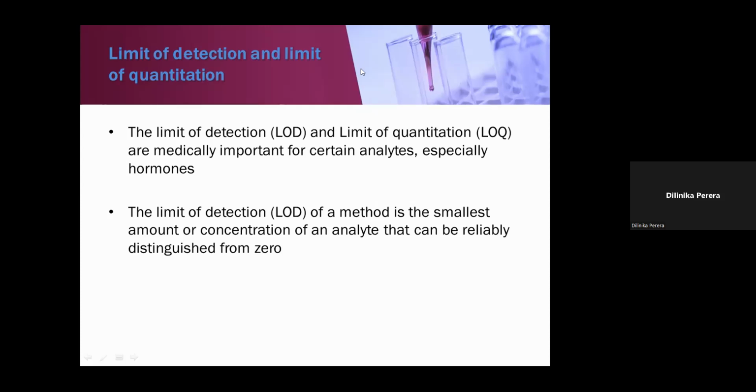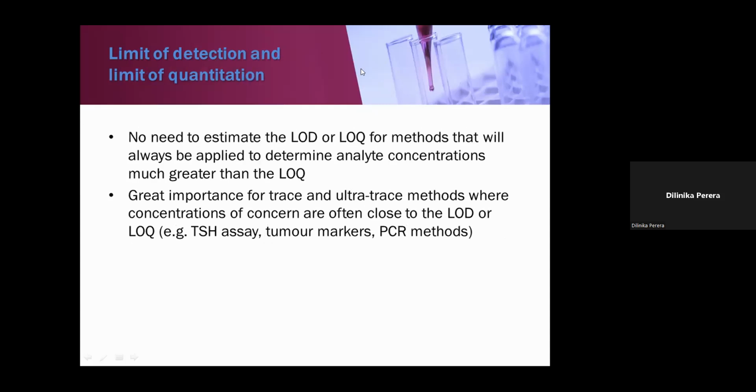And is it important? Yes. Limit of detection and limit of quantification are medically important in certain analytes, especially for hormones. So reliably distinguished from 0 is the LOD, but that is not necessarily required for all analytes. There is great importance in the trace and ultratrace methods, where the lower concentration or LOD is important, for example TSH, tumor markers, and PCR.